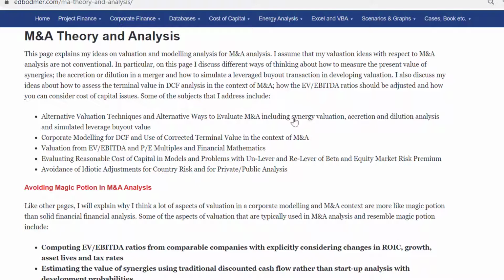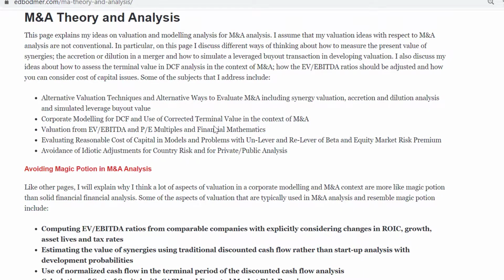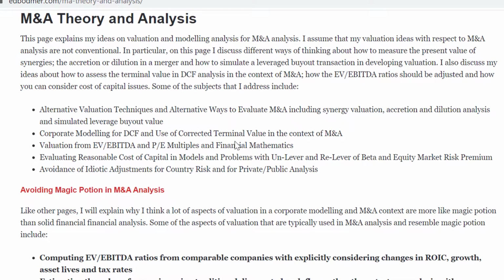But the title of this should really be valuation, and a little bit of M&A. I don't care about M&A and getting the fees on the M&A. I care about the modeling. We'll talk about different ways to value the M&A and go through some models.